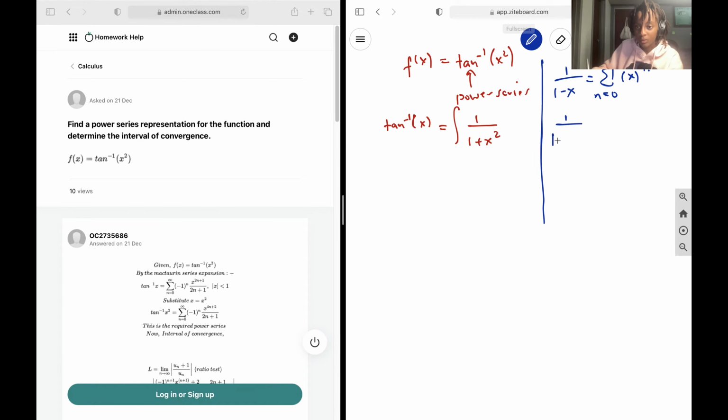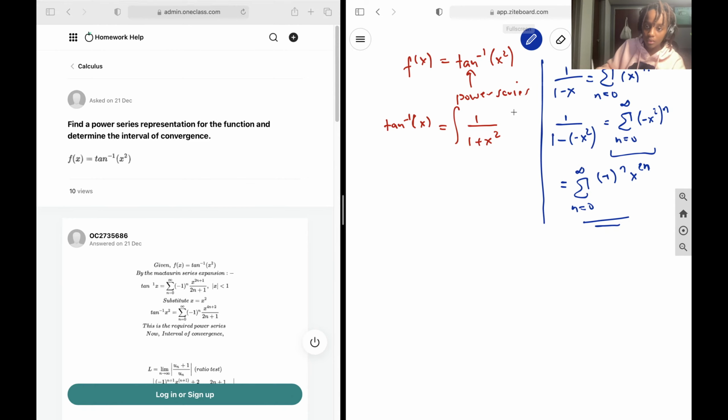That is the same thing as 1 minus negative x squared. So let's just put that in. And let's rewrite this in a simpler form. To the power of 2n.